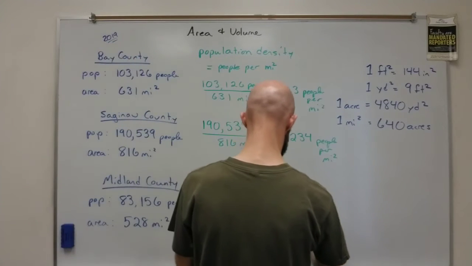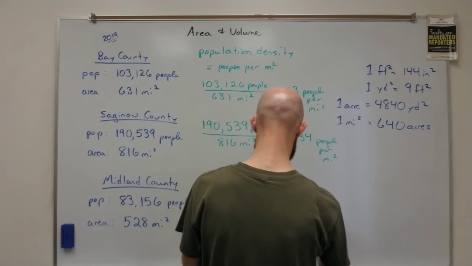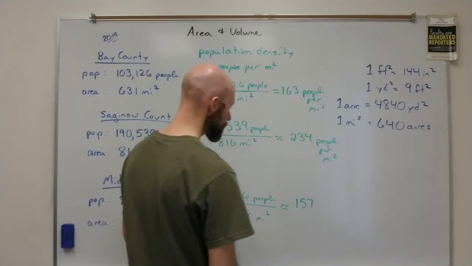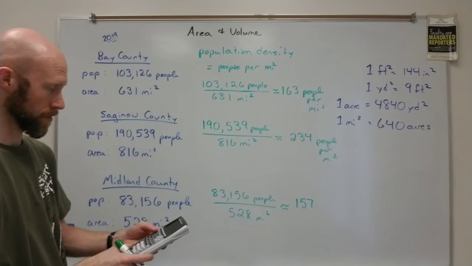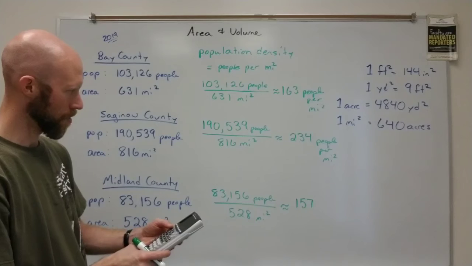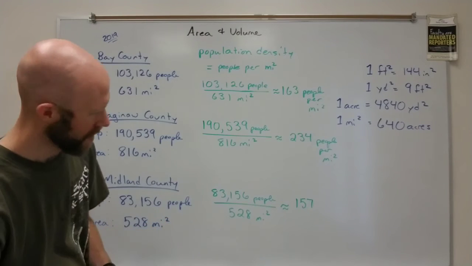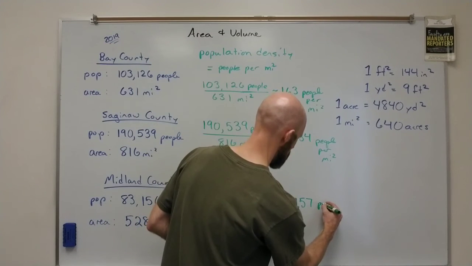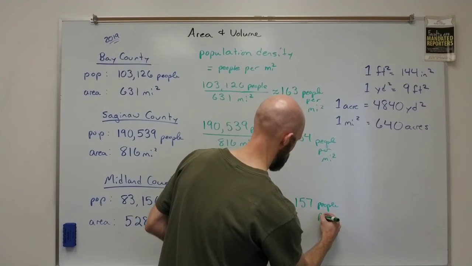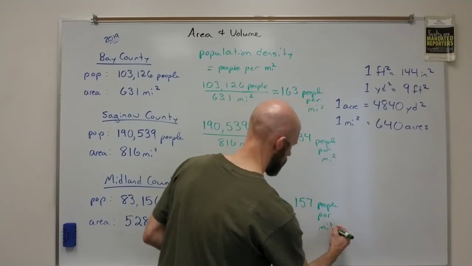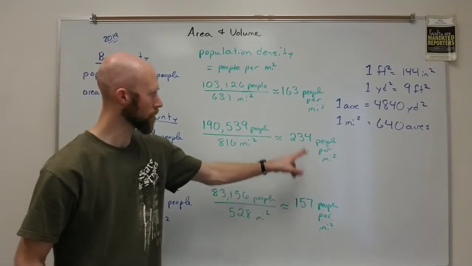Oh wow, it's 157, close to half a person again. 157 people per square mile. So that's actually very close to Bay County.